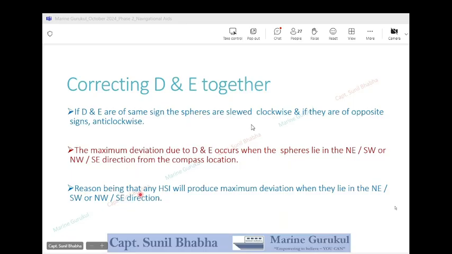Reason being that any horizontal soft iron will produce maximum deviation when they lie in the northeast, southwest, or northwest, southeast of the compass location.